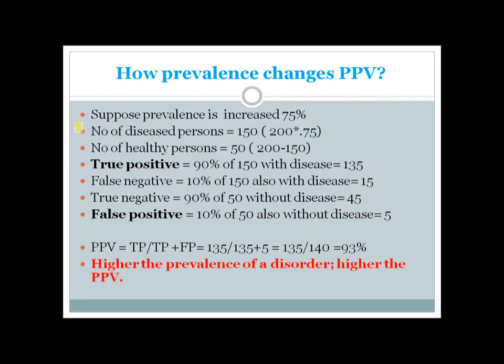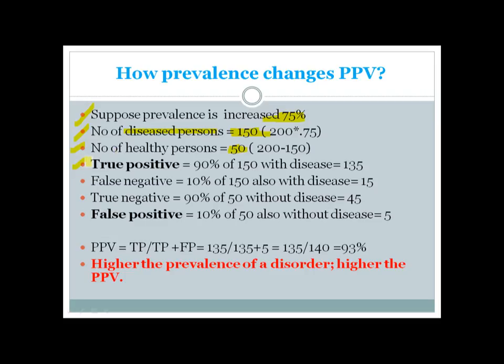And now let us increase the prevalence of the disease to 75%. So the number of diseased persons now will be 150 instead of 100, and the number of healthy persons should be 50. So the remaining 50 will be healthy and the majority, 150, will be diseased.